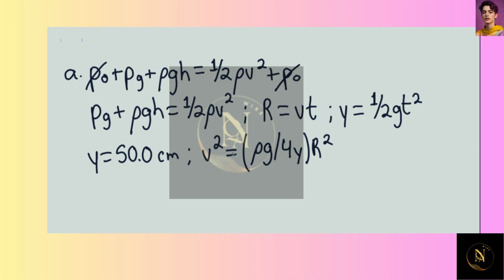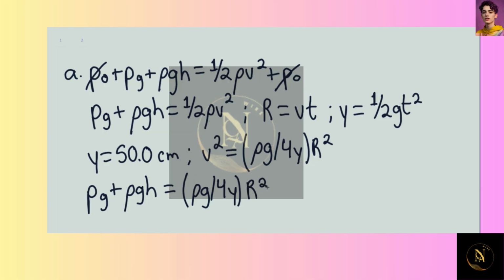We're going to substitute this result into Bernoulli's equation, and we can say that then the gauge pressure plus rho gh would be equaling rho g over 4y, in parentheses, multiplied by r squared.